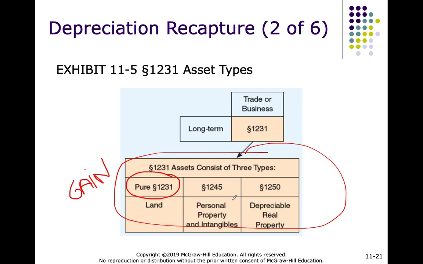We'll go over the 1245 calculations. When we say 1245, think personal property. When we say 1250, we're talking about real property. And we said the maximum tax rate for 1250 was 25%, going back to the previous slide.